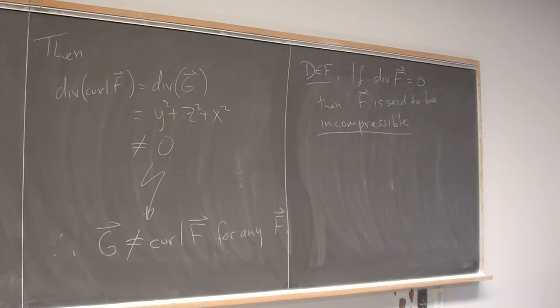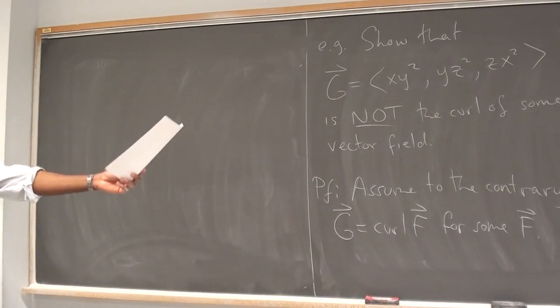All right, so it could mean fluids, waves, electric fields, wind, light maybe. Anything that you can model by a vector field, anything that fills space. Anyway, so yeah, that's all I need to know about divergence.